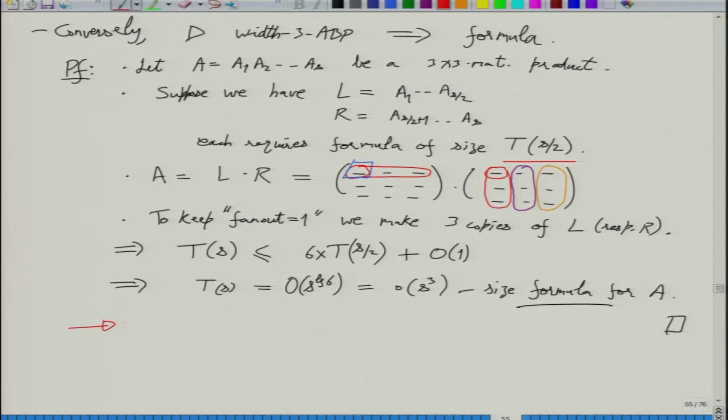Because of copying, we get formula size. In general, when you are using W cross W matrices, this will give you S to the log W, log 2W.